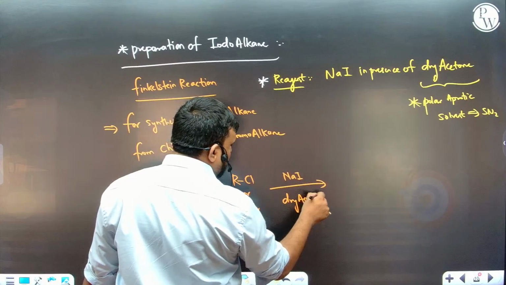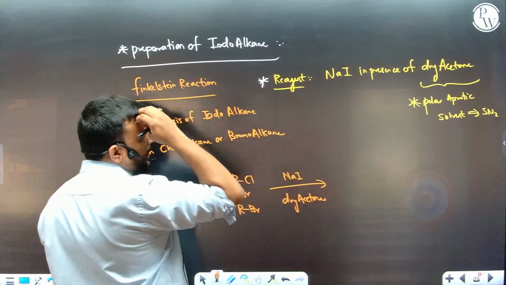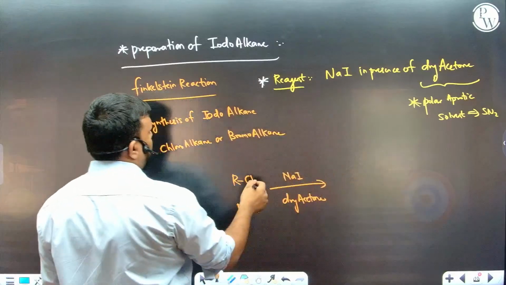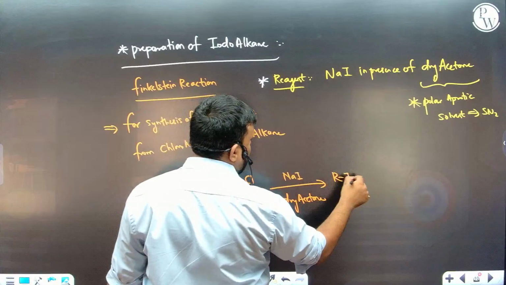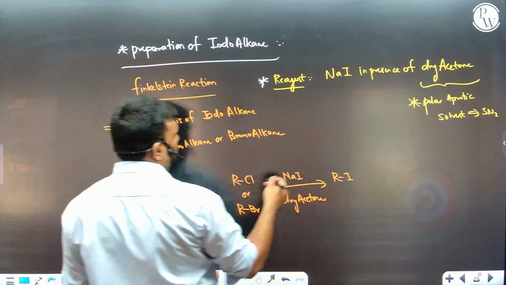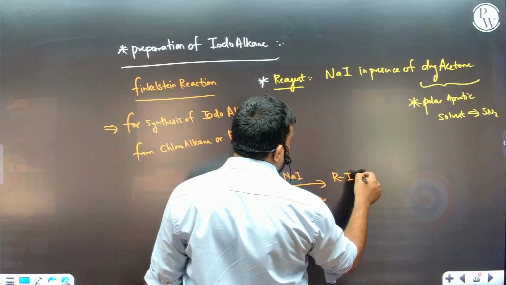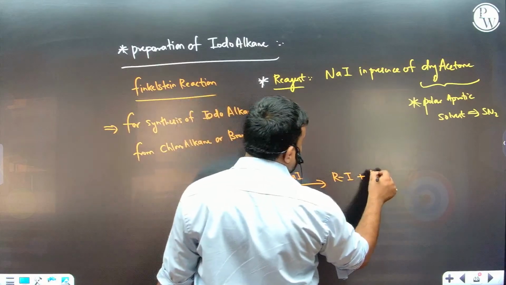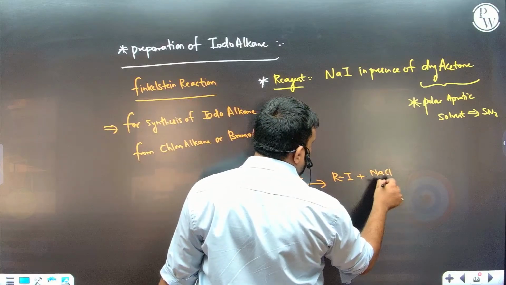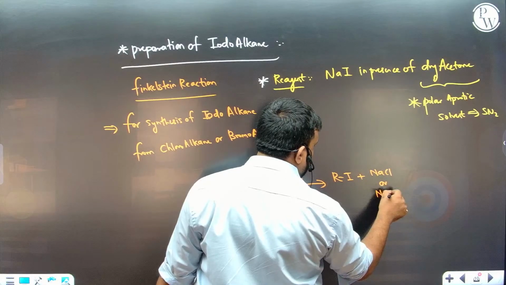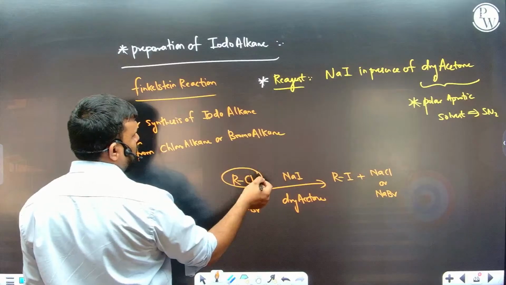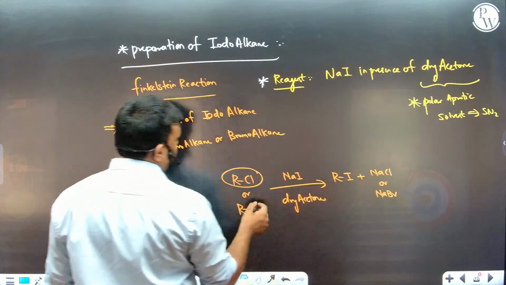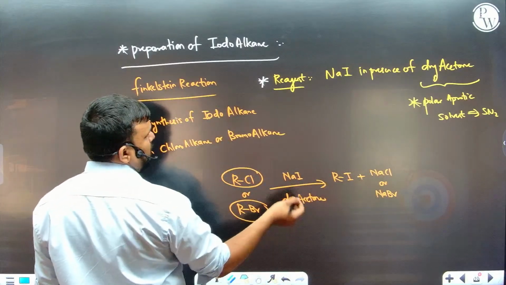And in most cases we will be having the SN2 mechanism where this iodine minus will replace this chlorine or bromine. We will get RI, plus the byproduct will be either NaCl or NaBr. If you are taking chloroalkane, NaCl, and if you are having bromoalkane you will get NaBr.